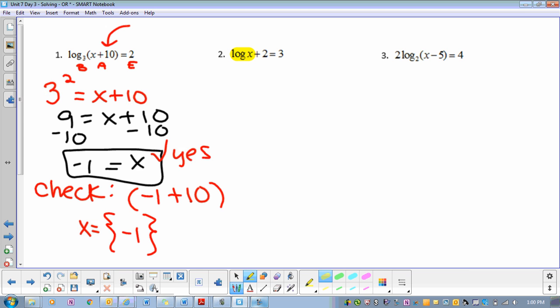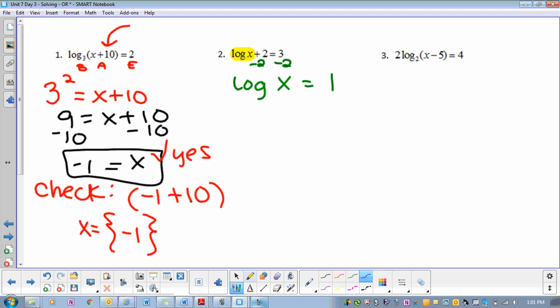Log of x. Guys, that is your log. You got to get that all by itself. So what do I need to do? Divide by 2. Minus the 2. So now you have log of x equals 1. Log of x, the x is not in parentheses.